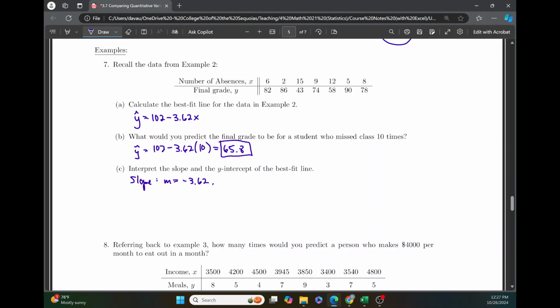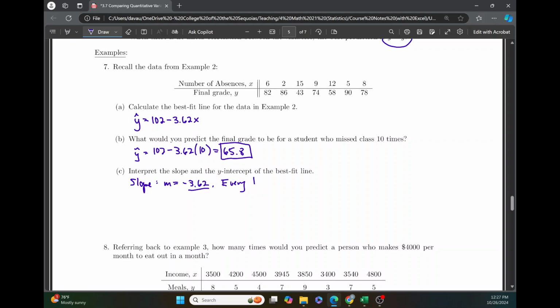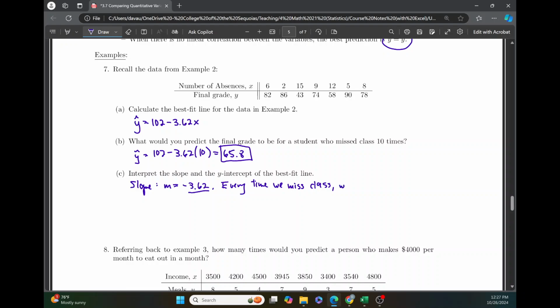Okay, that means that every time we miss class, we expect our grade to drop by 3.62 points.